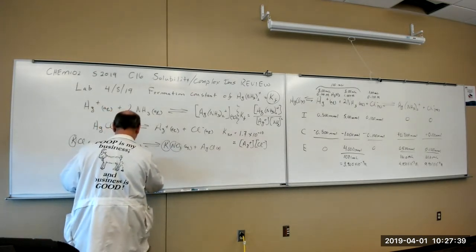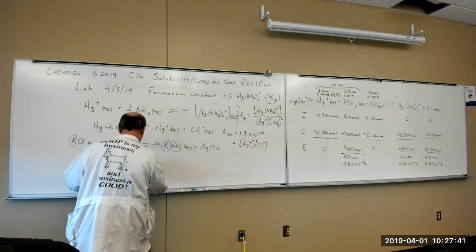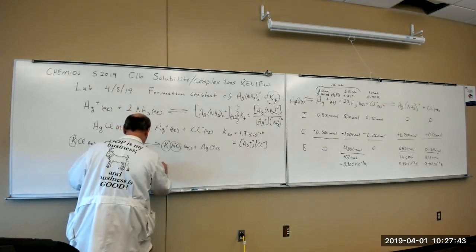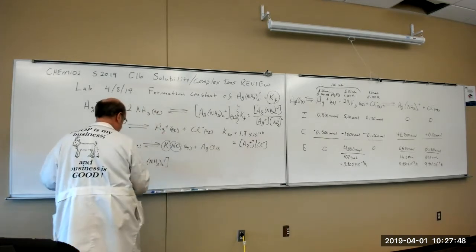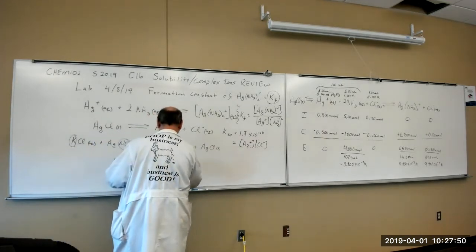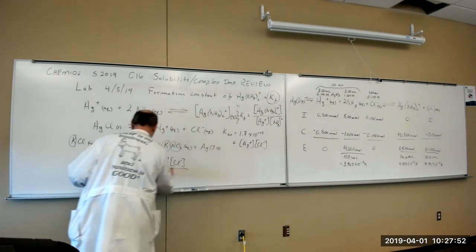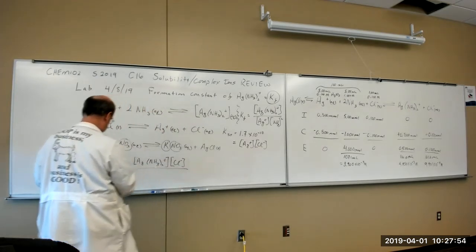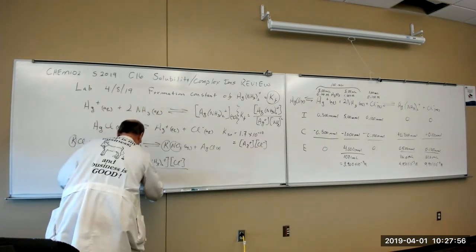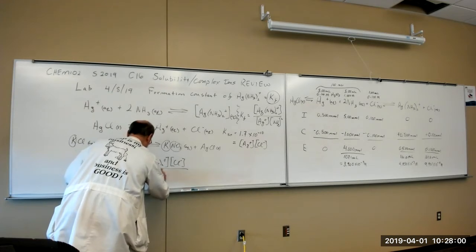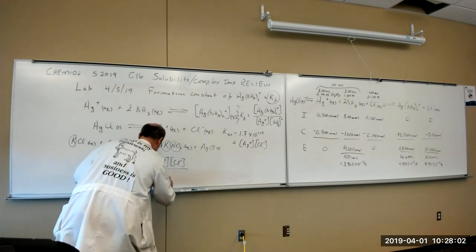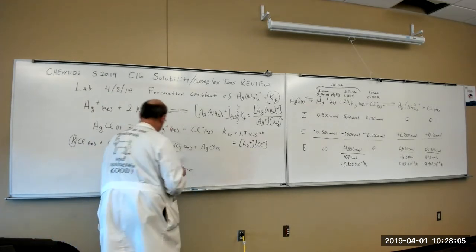So we have silver diamine silver 1 ion, we have chloride at equilibrium, squared, and KSP.